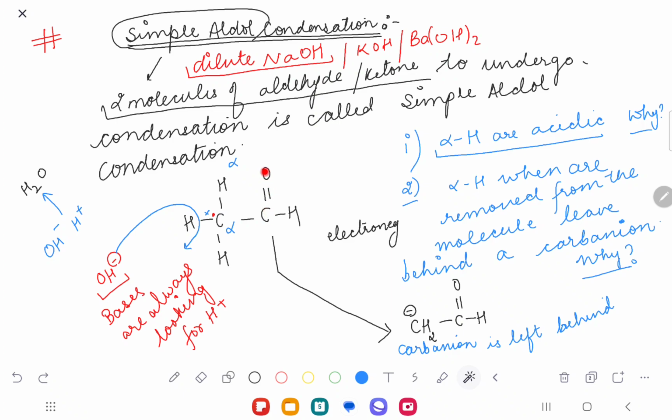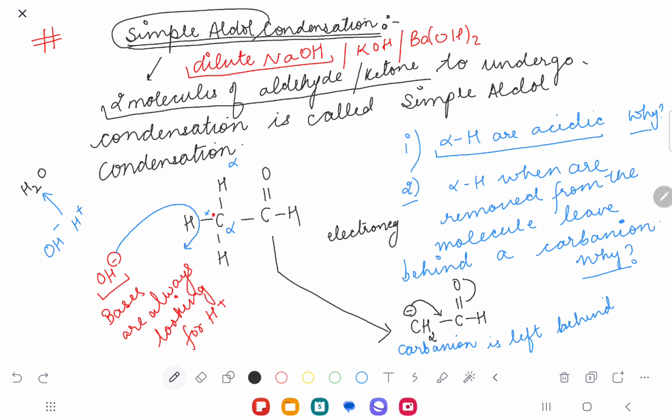The C double bond O group is the carbonyl group, and the carbon next to that carbon is my alpha carbon. The hydrogens connected to that alpha carbon are acidic. So the OH negative coming from the base in the very first step will take away that H plus, leaving behind a carbanion. And this negative charge will now find a way to stabilize itself, and it will undergo resonance.